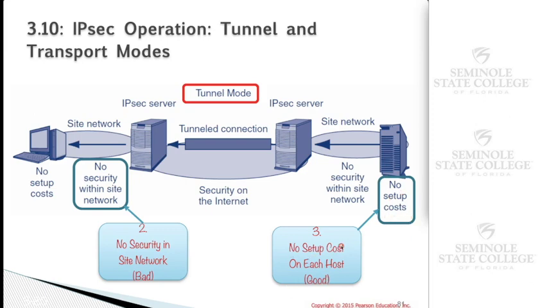So it is good, right? There is no setup cost on each of the hosts. That's the payoff, if you would, of going with this system. Although you're limiting your connection security to the tunnel connection over the internet, you are actually not secured when you are entering or exiting a network. So within the network, there is no security.